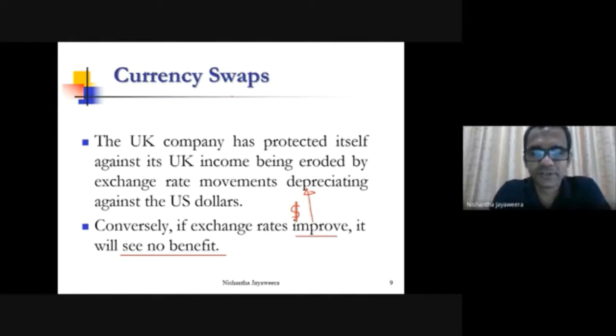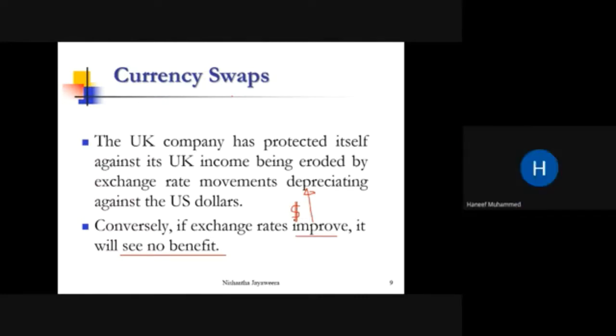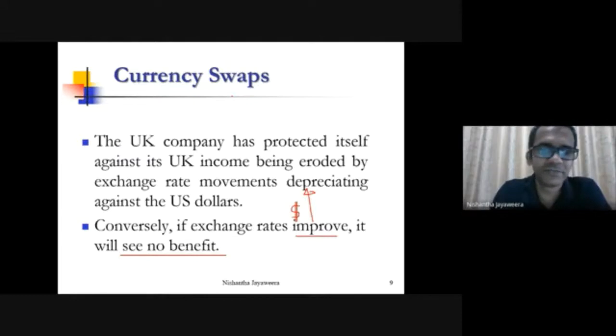To protect your possible loss, you give up your possible gain. That happens in most of the cases. So that's why we say there's no free lunch in financial markets. If somebody says this is free for you, be extra careful. Yes, definitely there's a hidden cost.